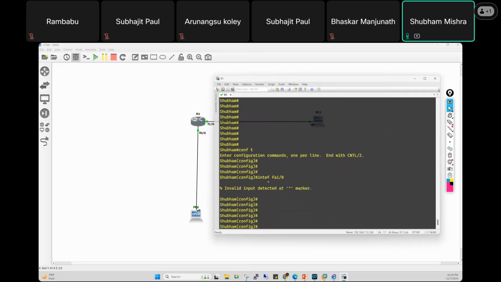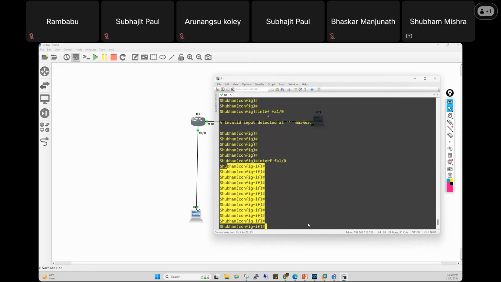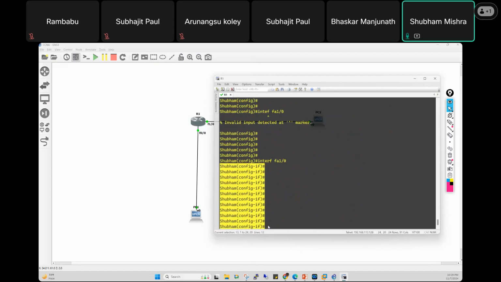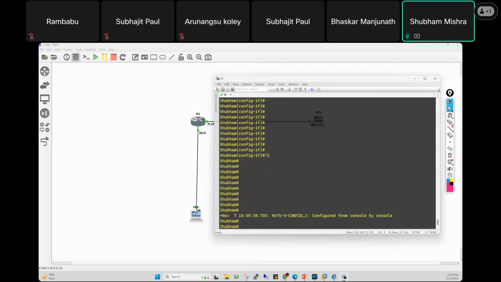Now you are on interface fast Ethernet 1/0. We are in a different mode and on a different configuration, but whatever configuration you did, it is the same here. Please understand this: whatever you configure in global configuration will be implemented globally on the router, no matter which interface or mode you are in.